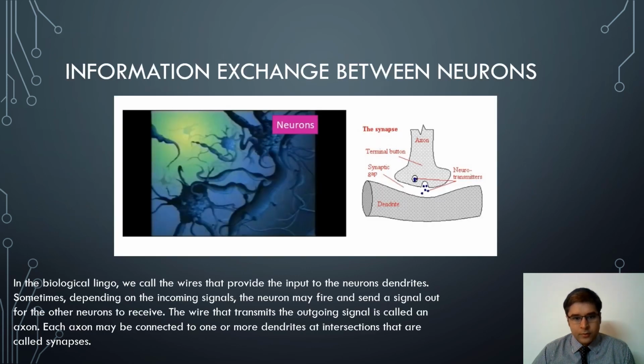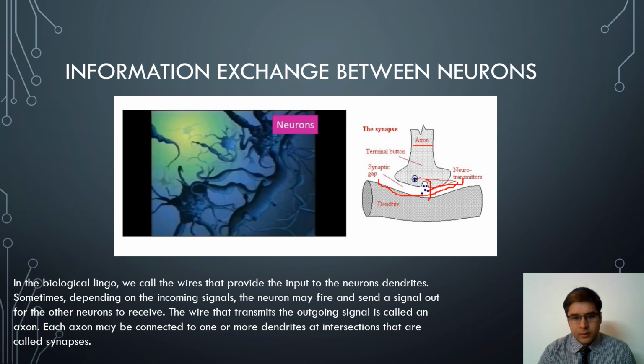Information exchange between neurons. How is information exchanged between two neurons? Suppose this is the axon terminal that gives the output of a particular neuron, and here there is a synaptic gap, and there are neurotransmitters inside that allow the output from this axon to pass to the dendrite, or input, of another cell.